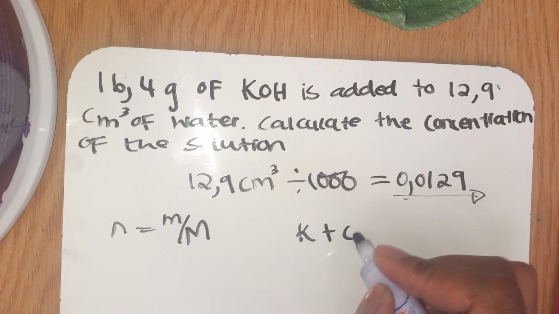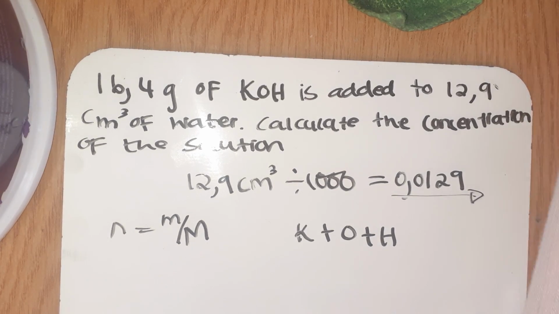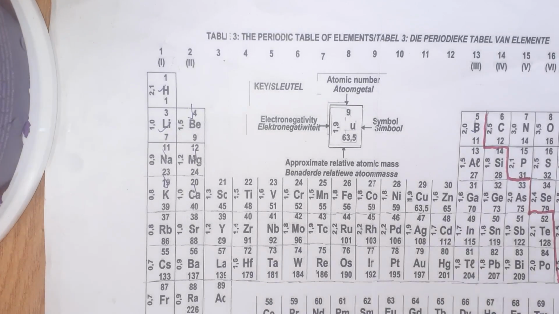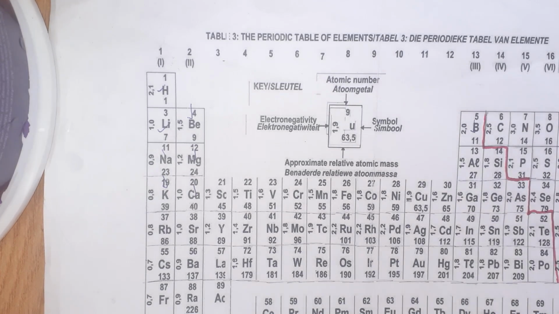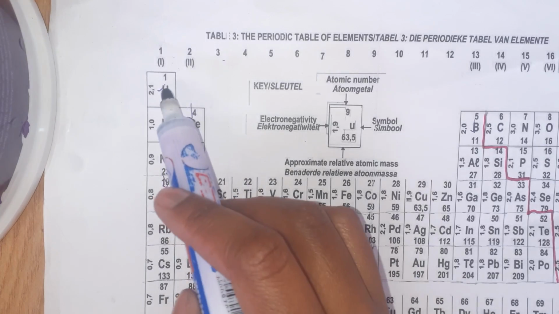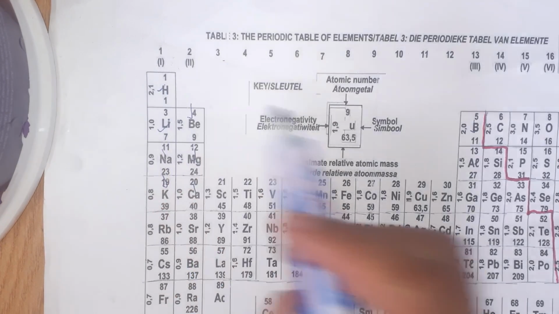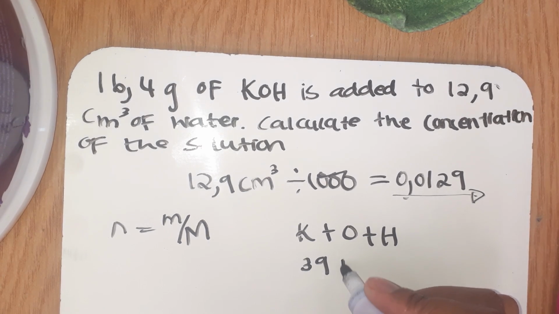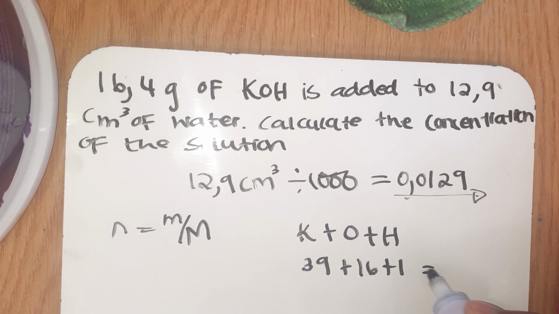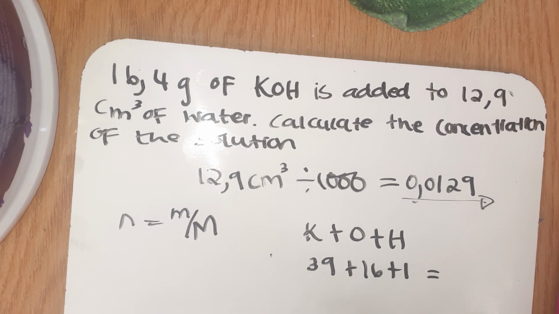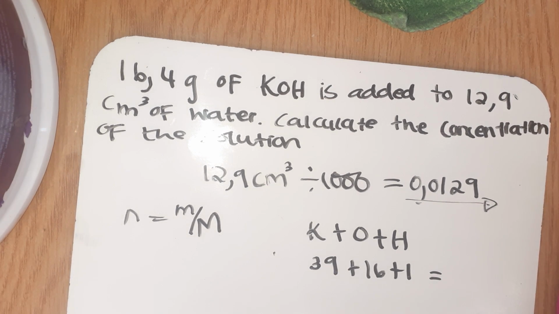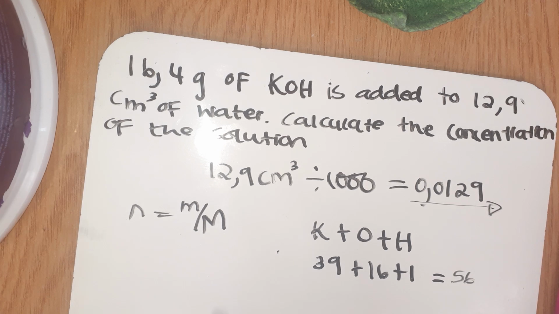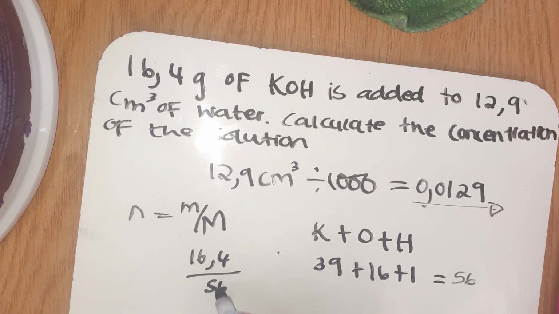So we have K plus O plus H, and when we look, the mass is 39 for K, 1 for H, and 16 for O. So that will give us 39 for K plus 16 plus 1, and that is the big M. So we have 39 plus 16 plus 1 equals 56. So we'll have 16.4 over 56.